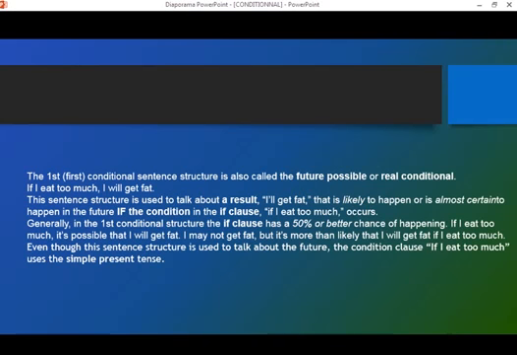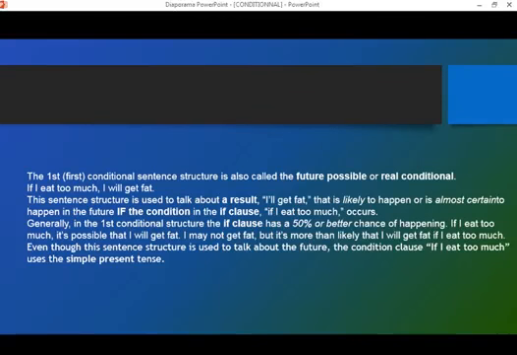The first conditional sentence structure is also called the future possible, or real conditional. If I eat too much, I will get fat. This sentence structure is used to talk about the result. I'll get fat. This is the result that is likely to happen or is almost certain to happen in the future.